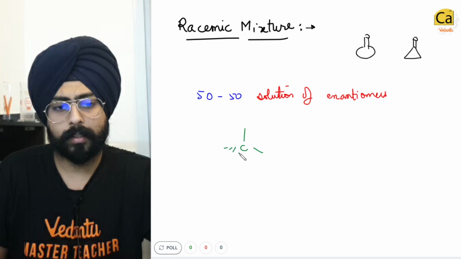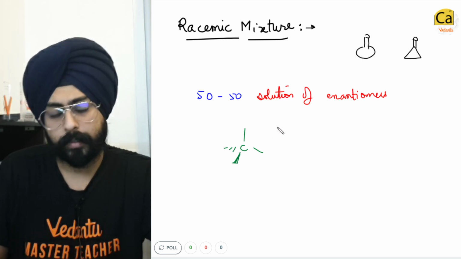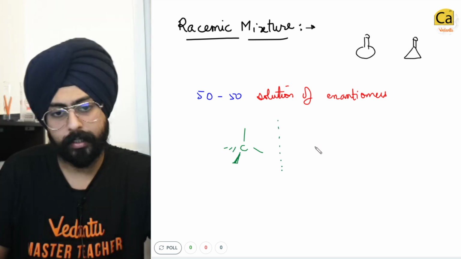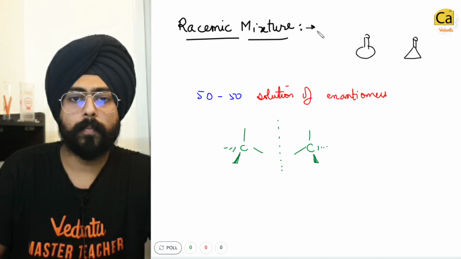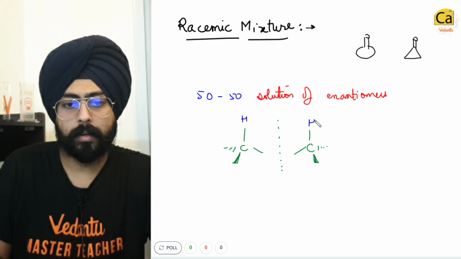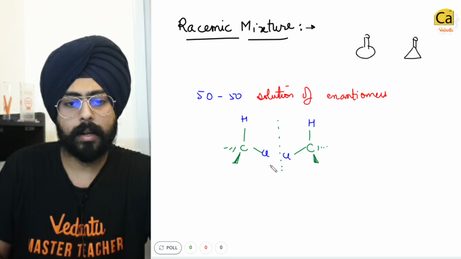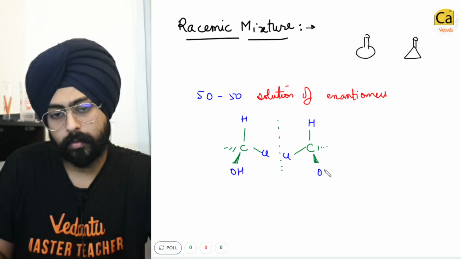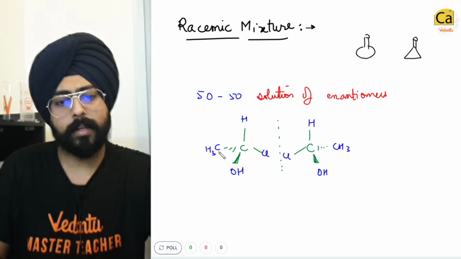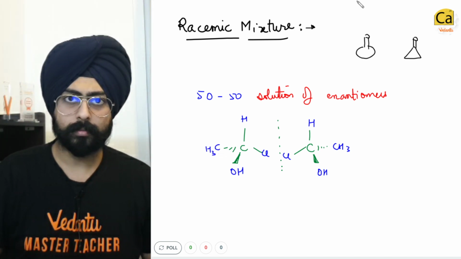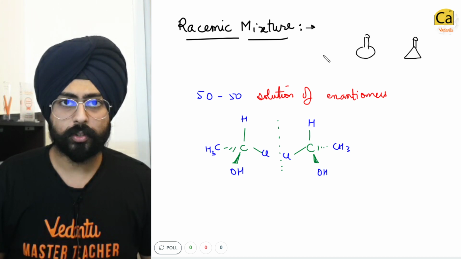Let's make one like this, and the mirror image of it. Let's just put some random atoms on this. Both of these are mirror images of each other. Both of these are enantiomers of each other.